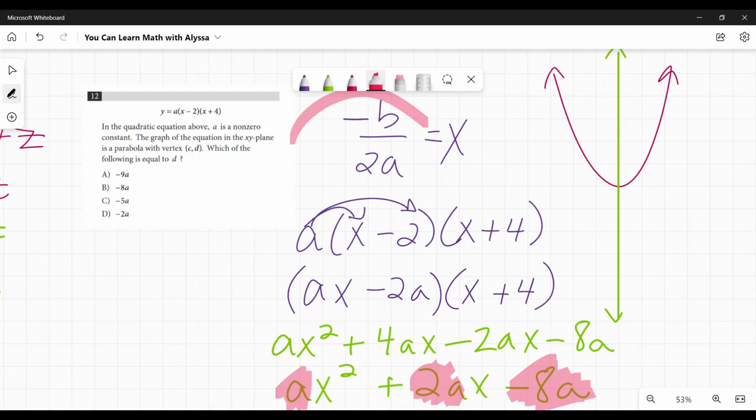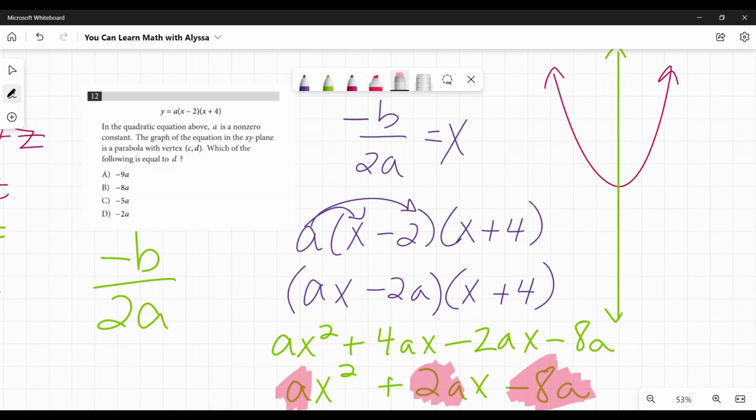So I'm going to use that in my equation for the axis of symmetry, negative b over 2 times a. So this right here is my b, positive 2a. I'm going to put that on top because it's negative b, negative second constant, over 2 times the first constant. The second constant is 2a, so I want the opposite of that.